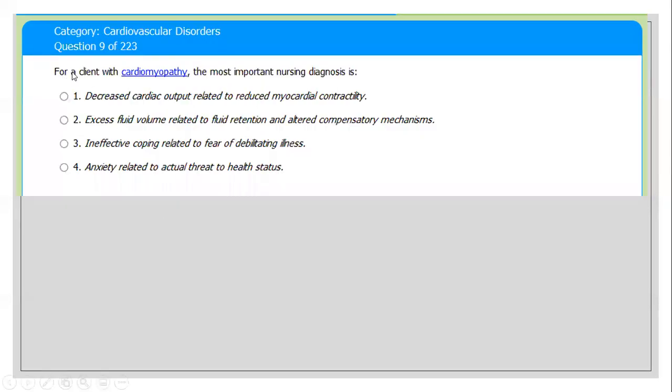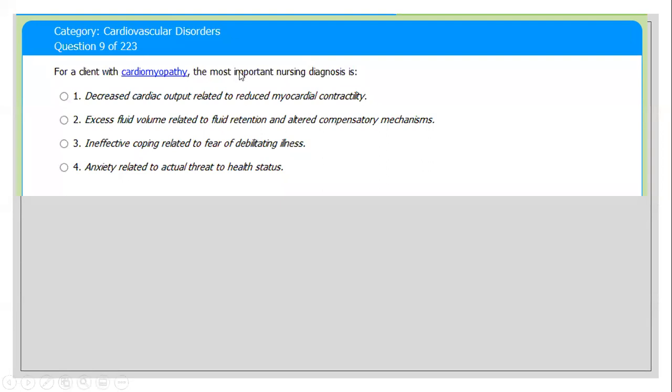Next question. For a client with cardiomyopathy, what is the most important nursing diagnosis? Again, the same question we talked about before. Cardiomyopathy, right? It is a heart muscle disease. As I told you, it is an inherited disease of the heart muscle, which makes it difficult for the heart to pump blood to the other parts of the body.